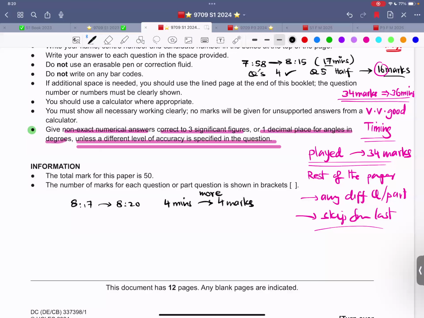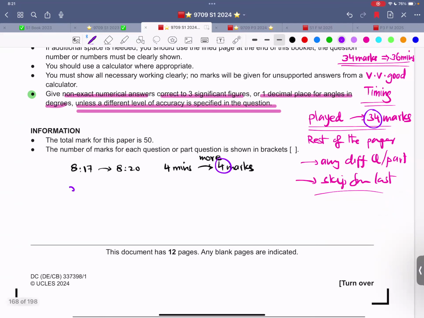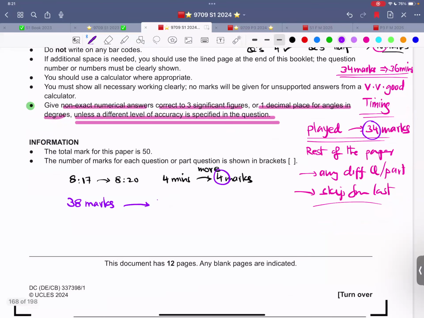So now let's analyze this thing. How much have you achieved? You have achieved 34 marks. You have achieved 4 more marks. So that is 38 marks achieved more or less in how much time? In like 40 minutes. That is amazing. That is amazing when you achieve this thing.